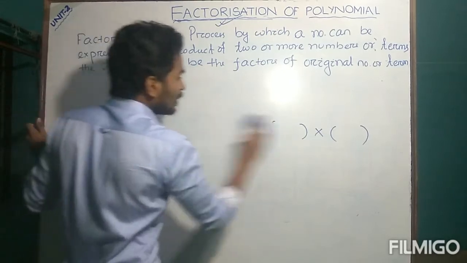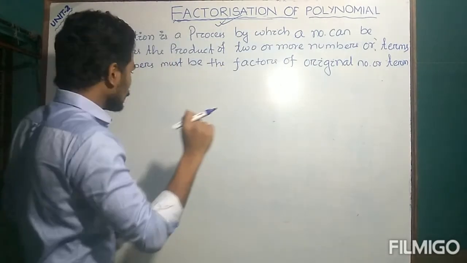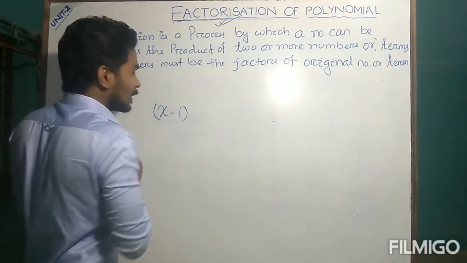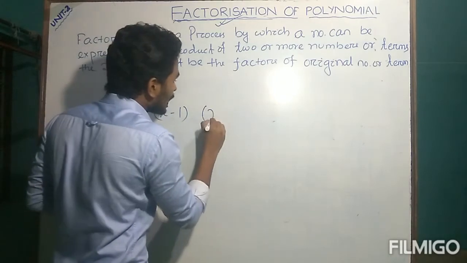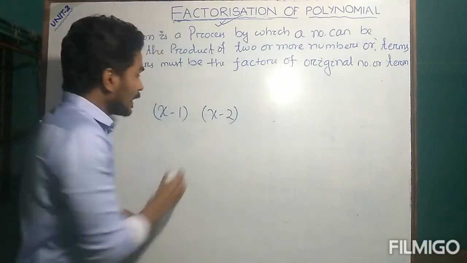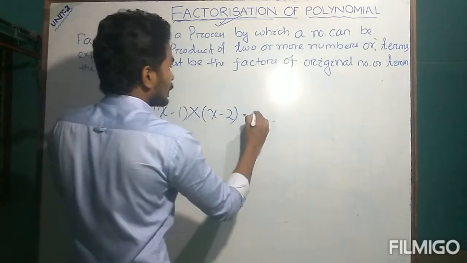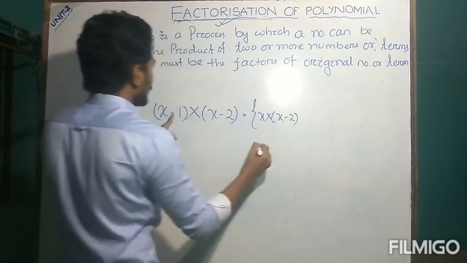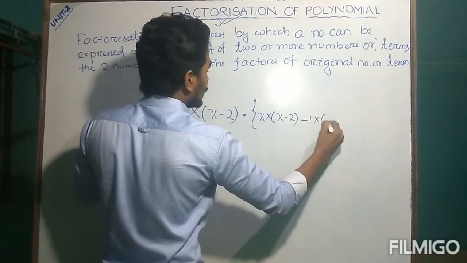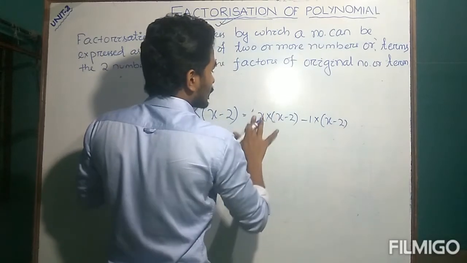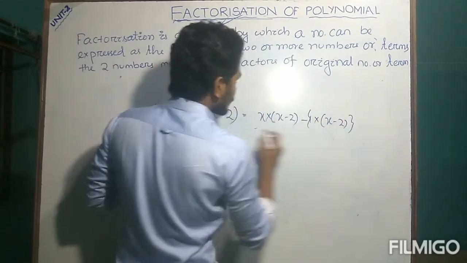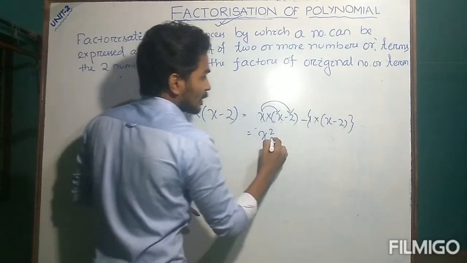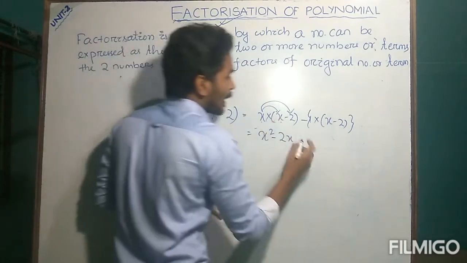Let us take an example so that you can easily understand. Suppose we have a polynomial x minus 1, and one more polynomial x minus 2. Let us multiply them. It will be x into x minus 2, minus 1 into x minus 2. So x into x is x square, and minus 2x because the distributive law is applied here.